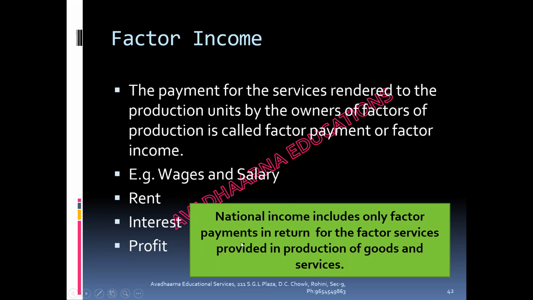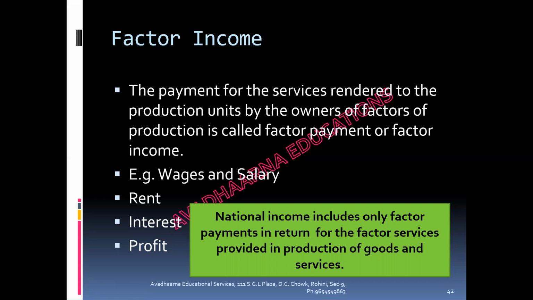फैक्टर पेमेंट कौन सी फैक्टर पेमेंट? जिसके बदले में कोई सर्विसेज रेंडर की गई है, फाइन, and the owners of factors of production have rendered their services. क्यों दी है उन्होंने अपनी फैक्टर सर्विसेज?